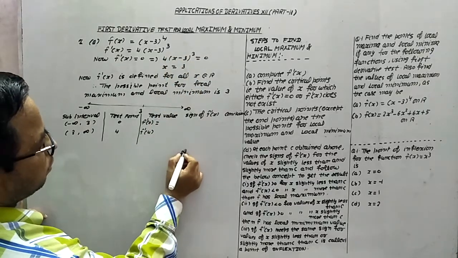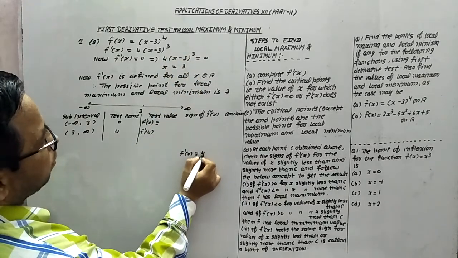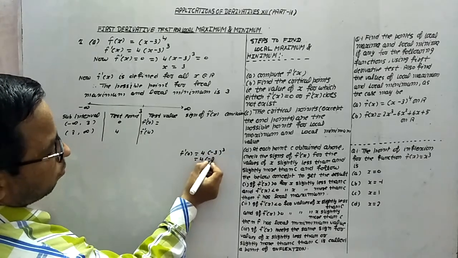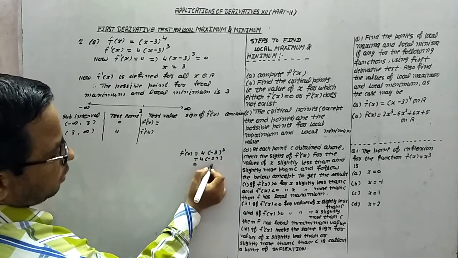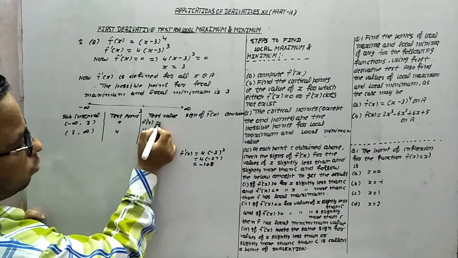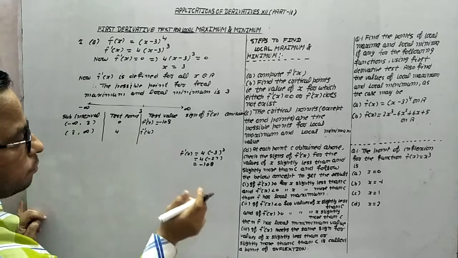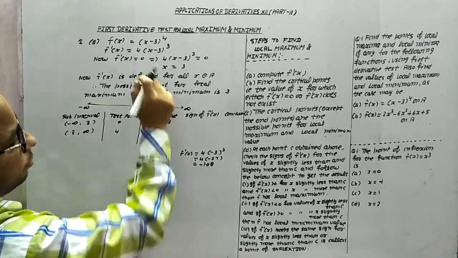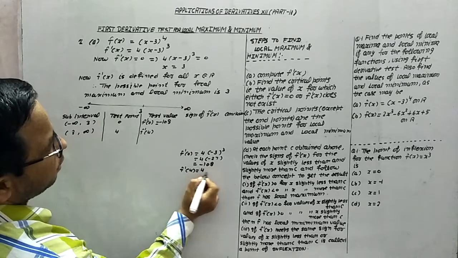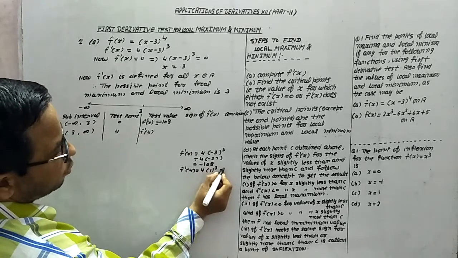It means 4 into (0 minus 3) whole raised to power 3, 4 into minus 27, so this becomes minus 108. Now f dash 4, what will we get? 4 into 1 cube, it means what is this?